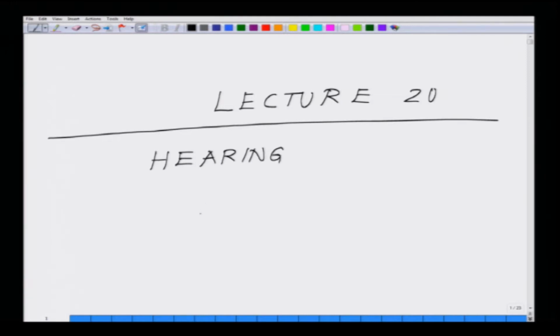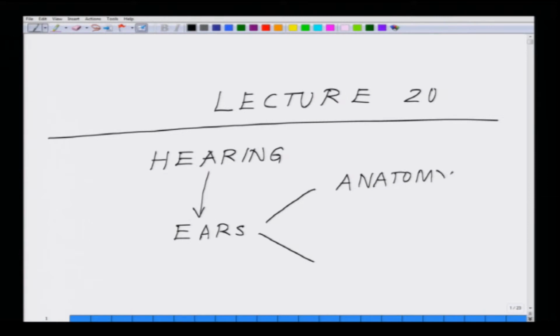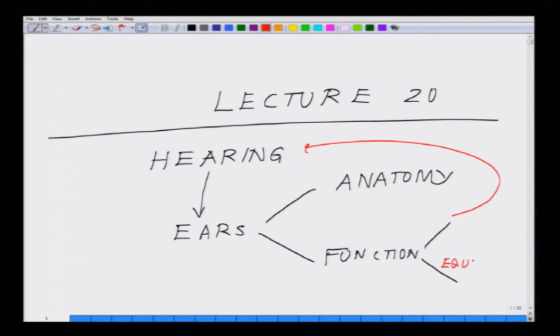For hearing you have the ears, the anatomy of the ear, that is what we are going to study, and the function. It is very interesting, it has 2 functions. One is of course the hearing, and another is the function of equilibrium.